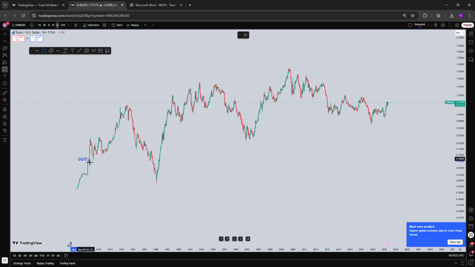Okay, this was the first resistance point, right? Good. The good way to do this is by going back in time, finding areas that are of interest to you, and then bringing it to the present.